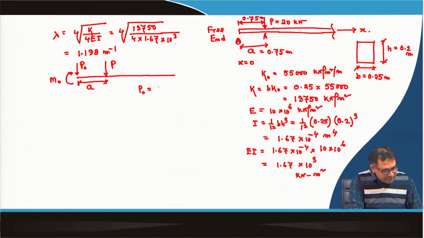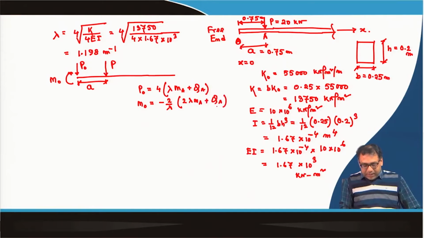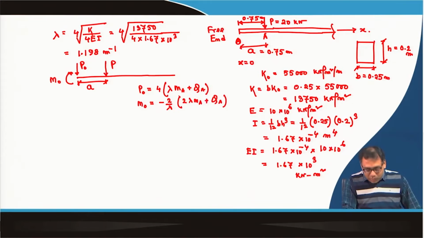The expression of P0 is 4 lambda M A plus Q A, and the expression of M0 is minus 2 lambda M A plus Q A. So, what are MA and QA? MA is the moment induced due to the load P if this beam is considered as an infinite beam.